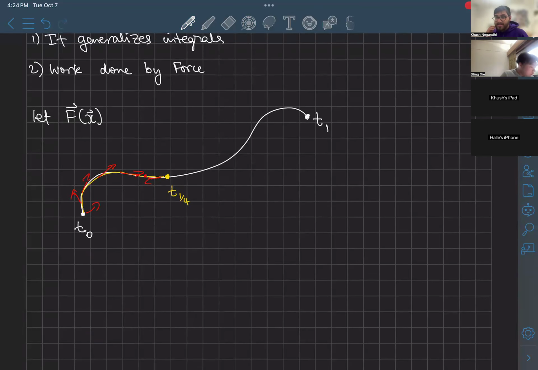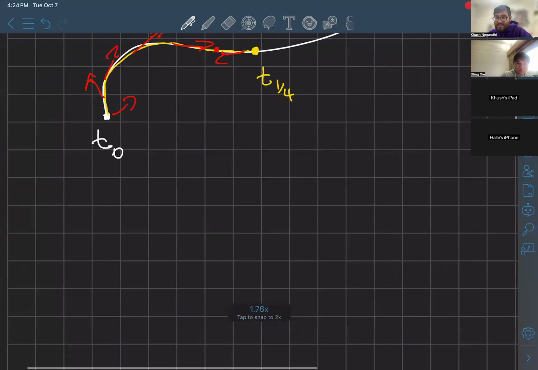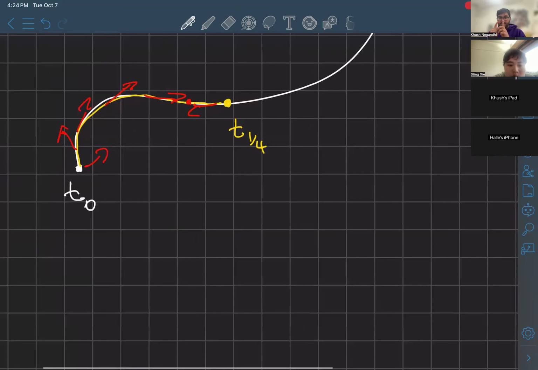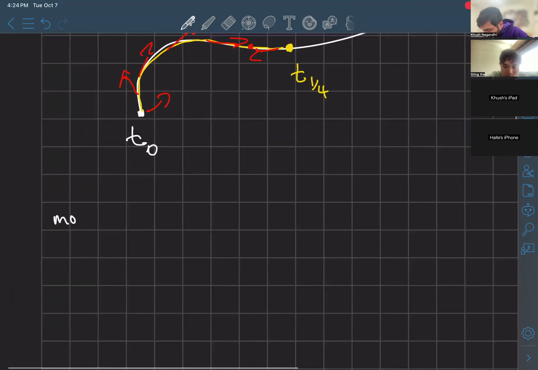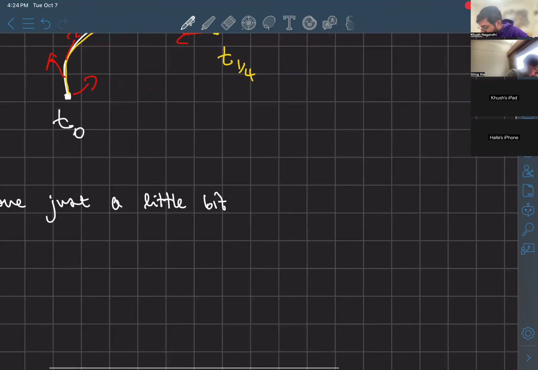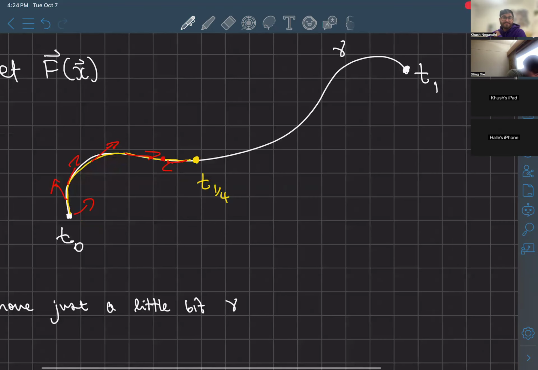To answer this question, let's do it the way Newton would have done it, right? If I look very close and I move just a little bit along the curve, how much work is done there? So let's say I call my curve gamma.